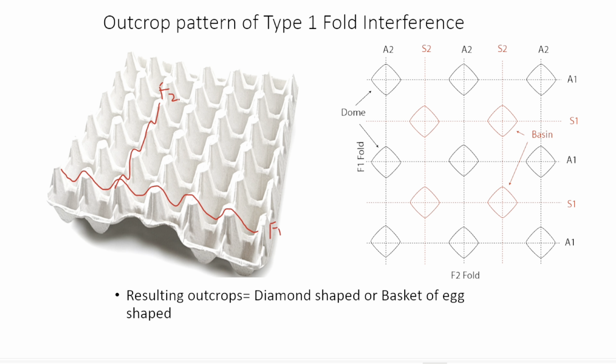Now, the axial plane is still vertical; it is not curved. If the axial plane is not curved, it means it is planar. But the fold hinge line is curved, it means it is non-cylindrical.